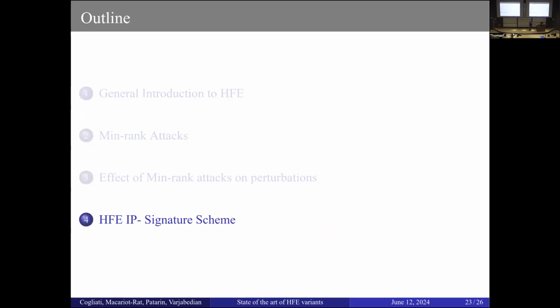So I will present to you a new scheme, HFE IP minus. Why this scheme? Because as I said, minus does have effects on Gröbner attacks and MinRank T attacks. On the other hand, it does not have any effect on MinRank S, but IP does have effects on MinRank S. So the combination of both of them will supposedly be efficient.